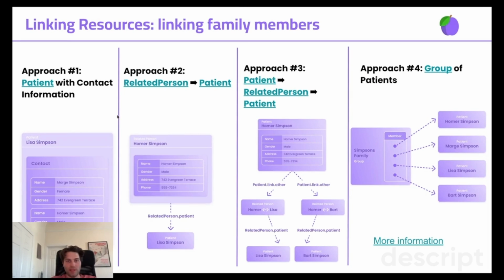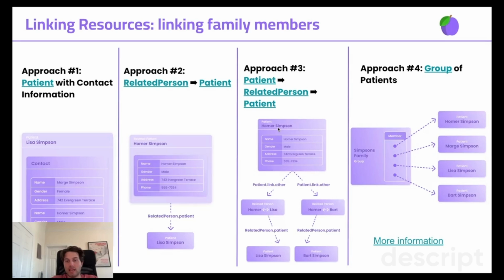So, even though the related person FHIR resource exists, there's still a bunch of ways you could represent families at some clinic. For example, we've seen some people just use the contact field on a patient resource. Others use the related person resource to represent the relative and just link that to the patient.